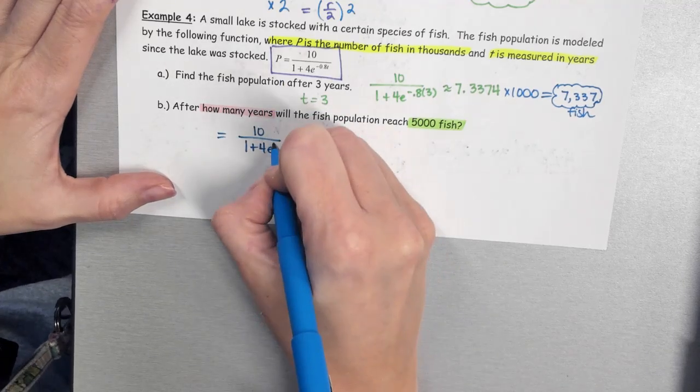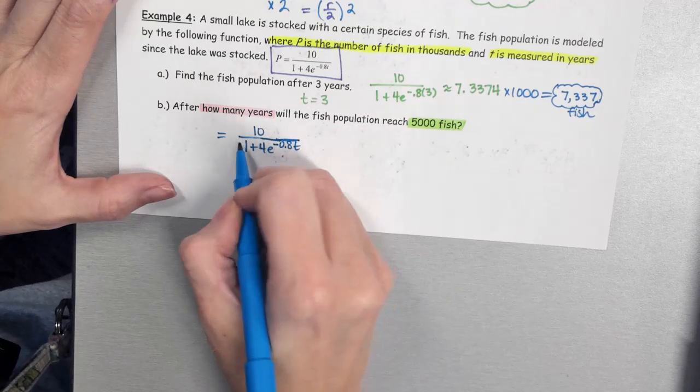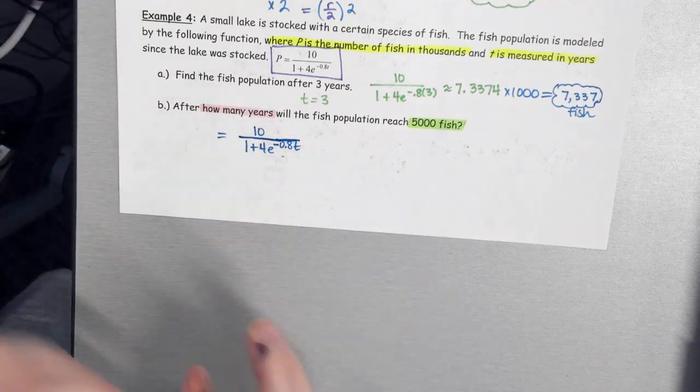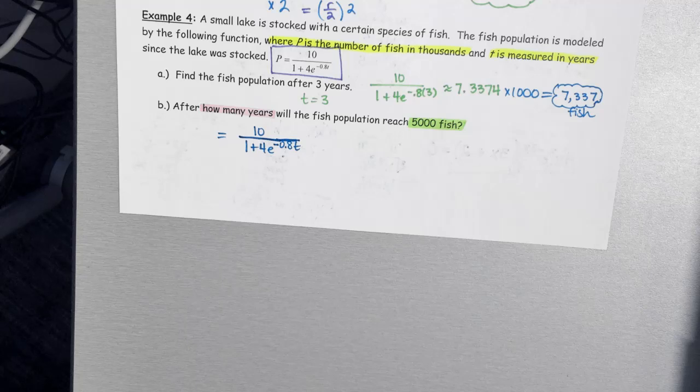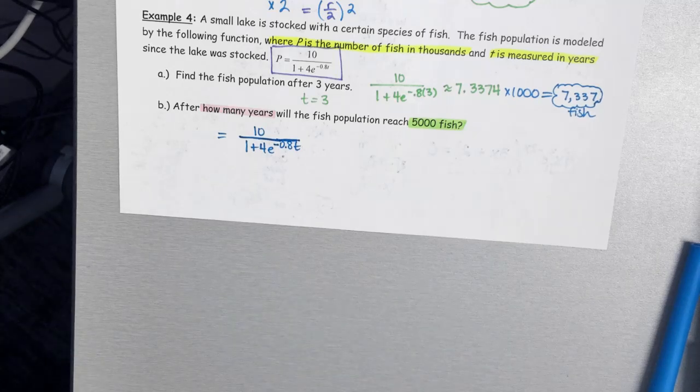So if it says how long, we're going to solve for t. Okay, where are we going to put the 5,000? Okay, and then once you put your 5,000 equal there, how are you guys thinking you're going to solve it?